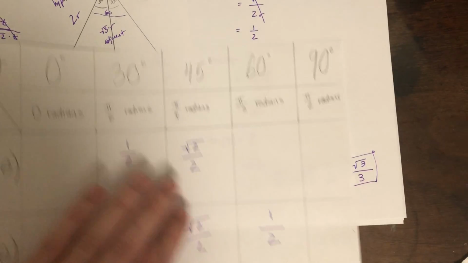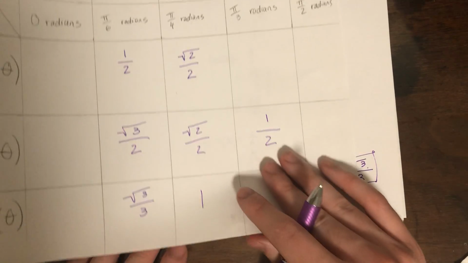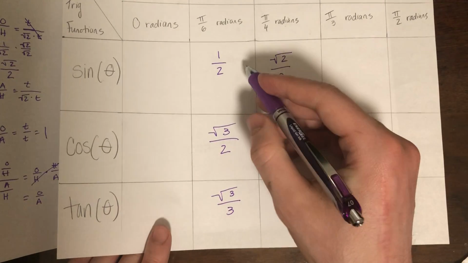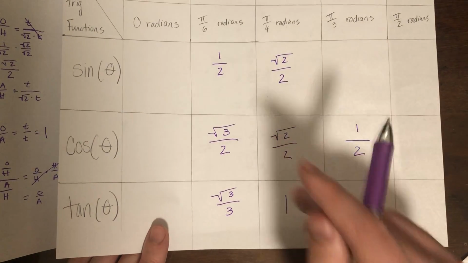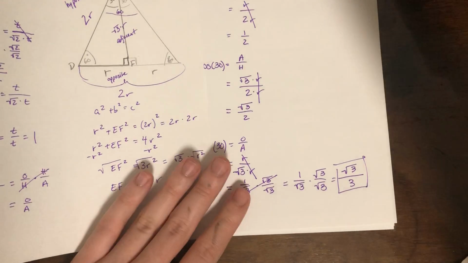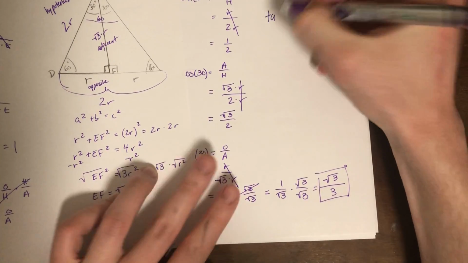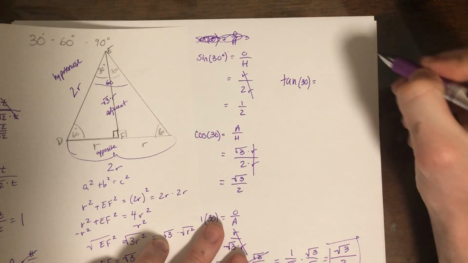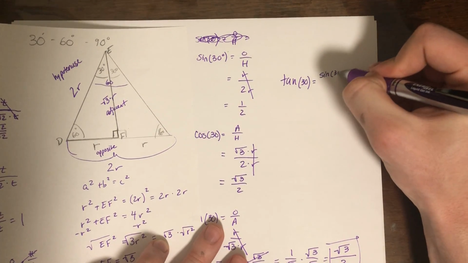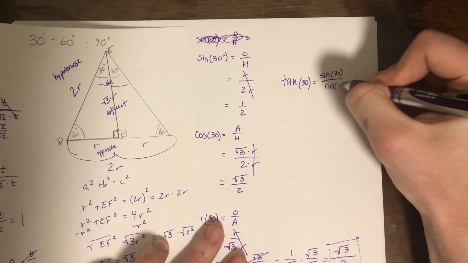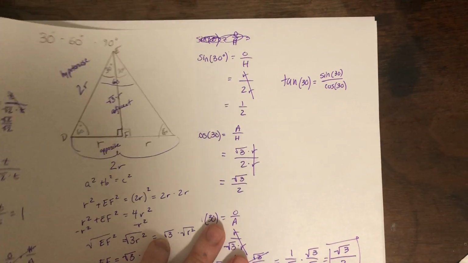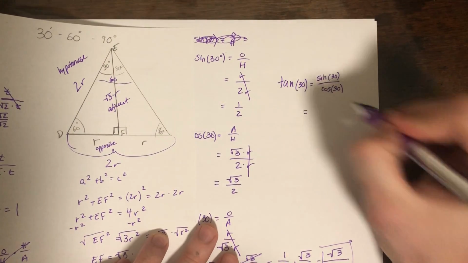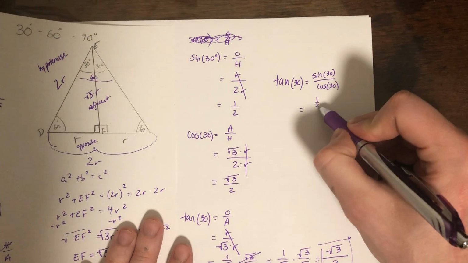We can also show that by dividing sine of 30 by cosine of 30. Tan of 30 will always be equal to sine of 30 over cosine of 30. Always. All right, so sine is 1 over 2.